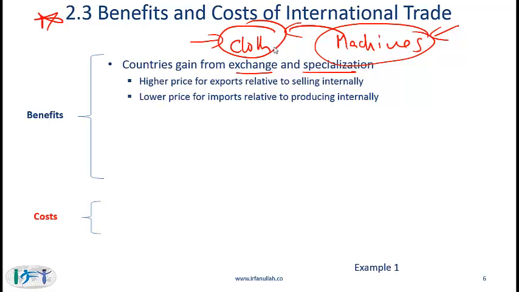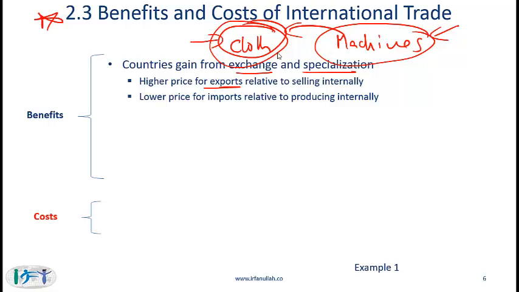to the other country. When we talk about gains, what we mean is that for a given country, there is a higher price for exports relative to selling internally. In other words, if this particular country sells clothes internally, there is a certain price that is received. But if this country sells clothes in the international market, then it receives higher prices.